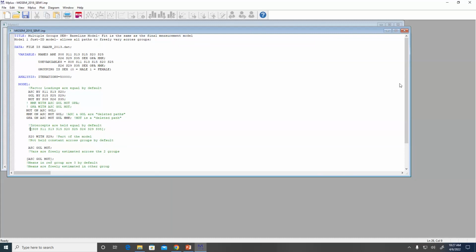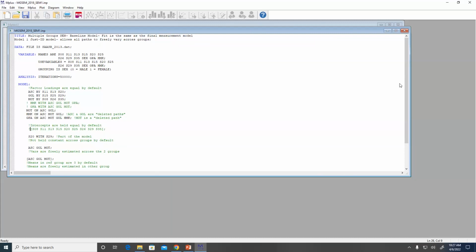Those three paths that we think we don't need, do we need them? So the first step was always the just identified model, for the conceptually omitted paths, right?